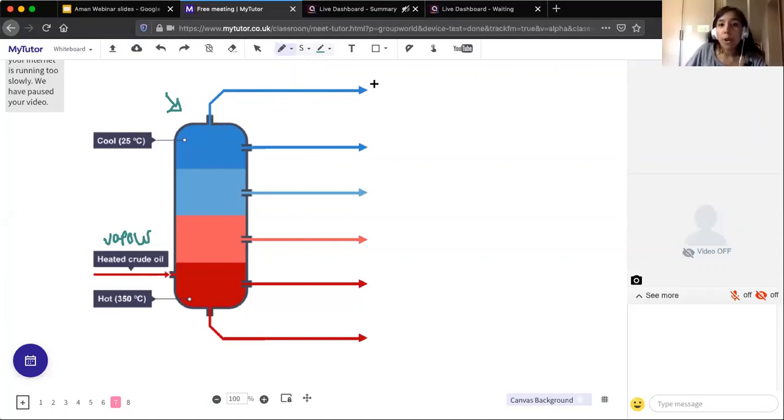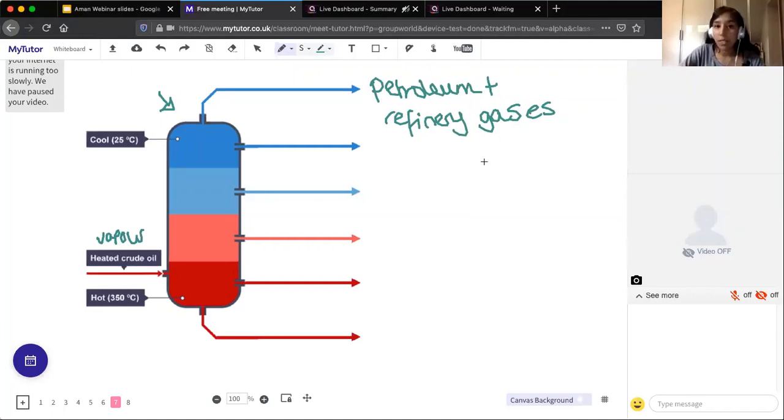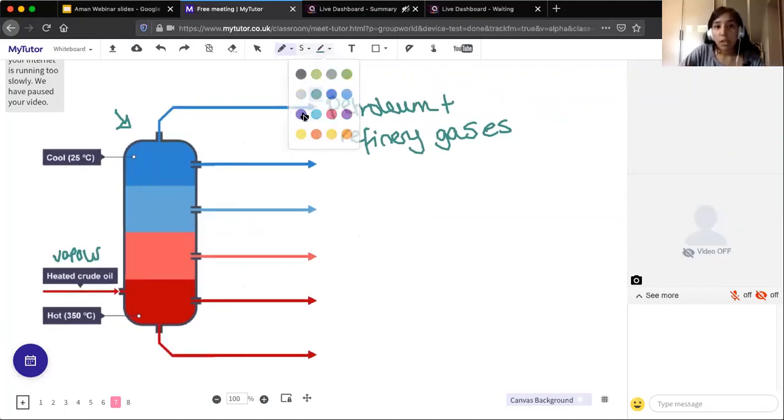So the top that comes off, we call it petroleum plus refinery gases. And essentially they are used as fuel gases, and they're called fuel gases because they are gases. So they're used in fuels that need gases. So I'll put fuel gases.